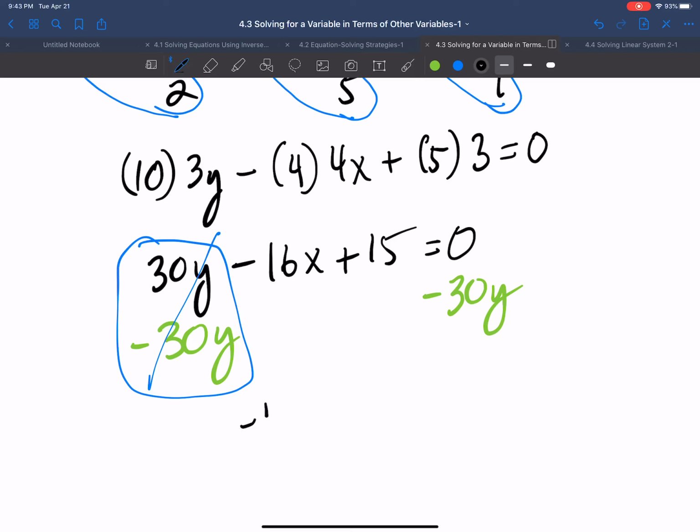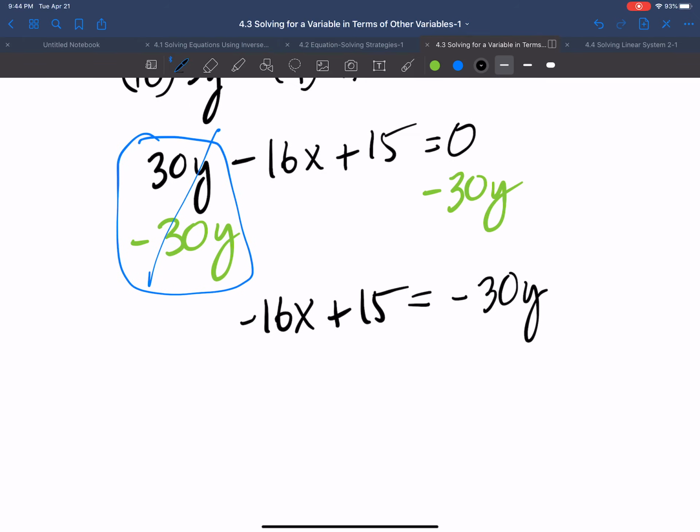So on the left side, I have negative 16x plus 15. 0 minus 30y is negative 30y. So y is on one side of the equation. It's almost by itself, but not quite. I want to divide by negative 30. So negative 30 and negative 30 become 1. So y is by itself.